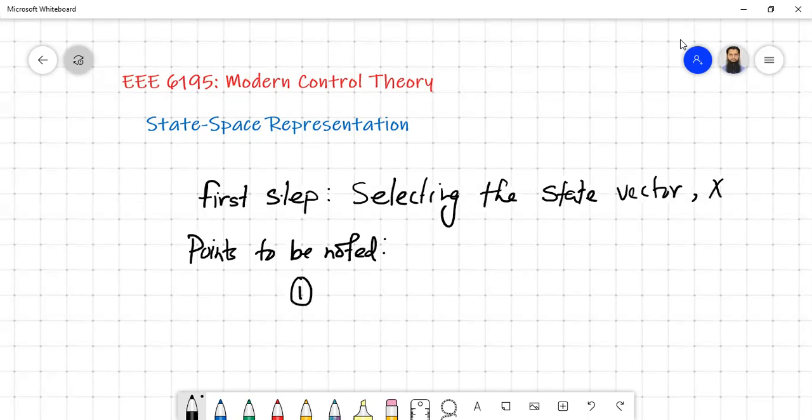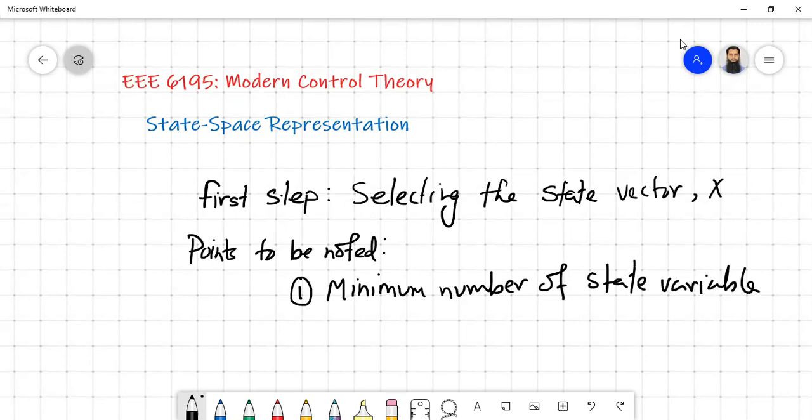Number one, the minimum number of state variables must be selected.